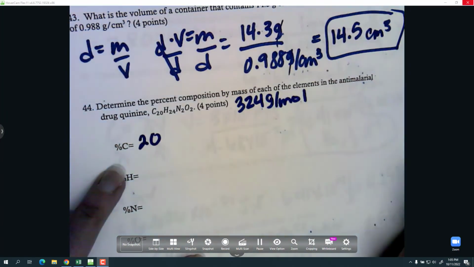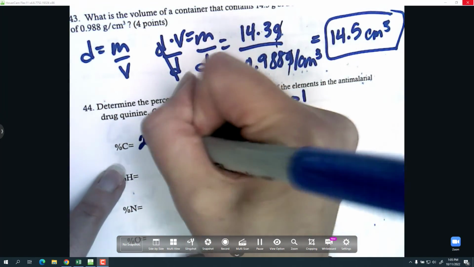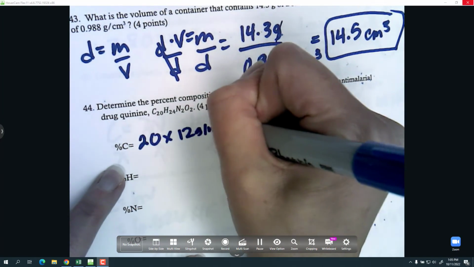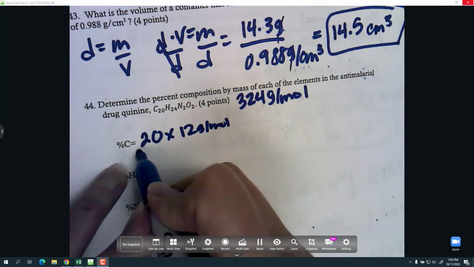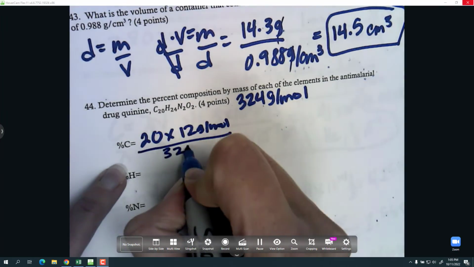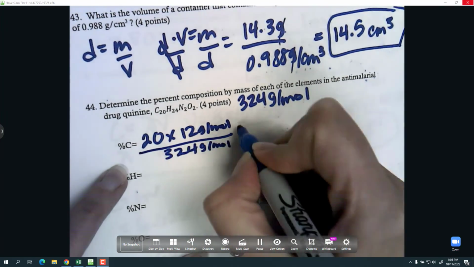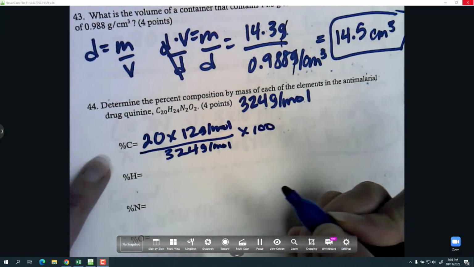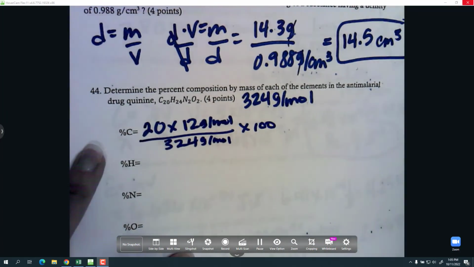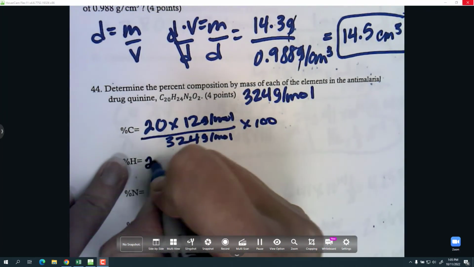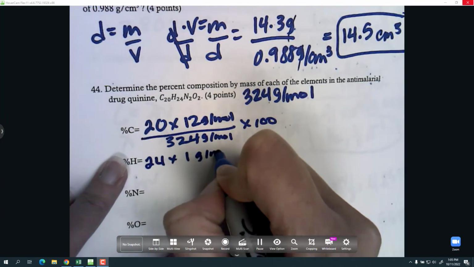For each element, then, I just say how many I have times the molar mass of that element divided by the molar mass of the whole thing times 100. I'm going to write them all out, and then I'll put them all in my calculator. So hydrogen, 24 of those, times 1.